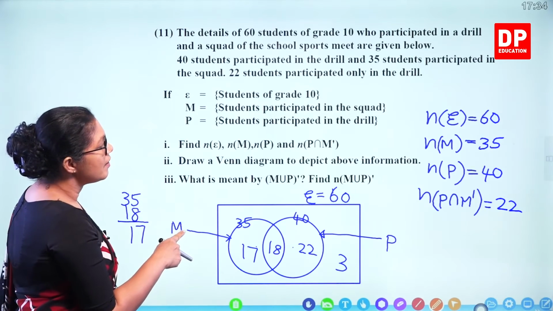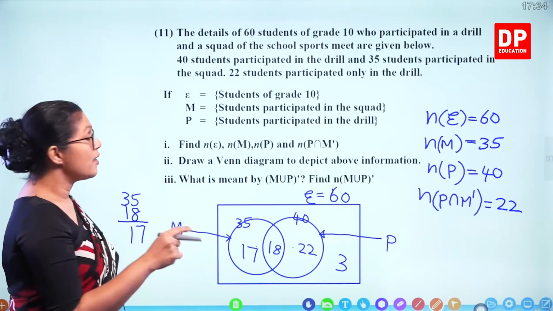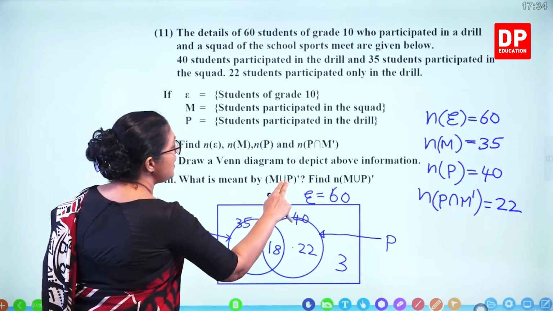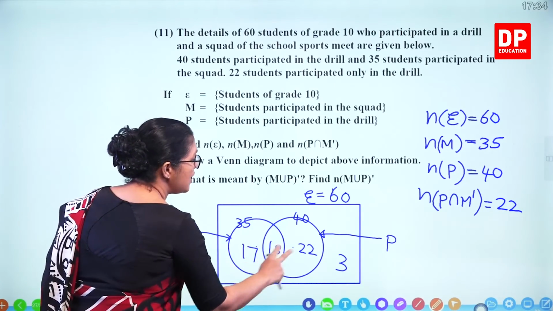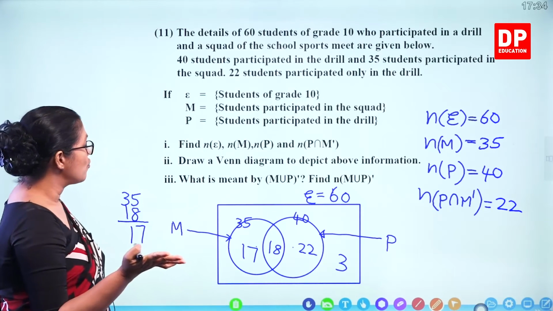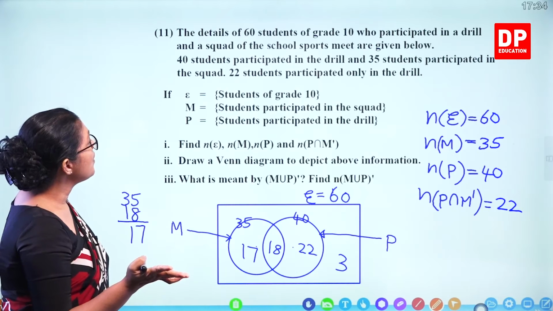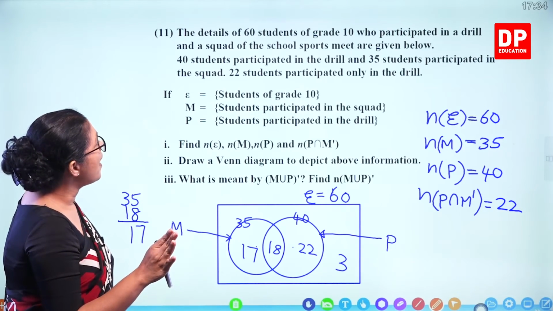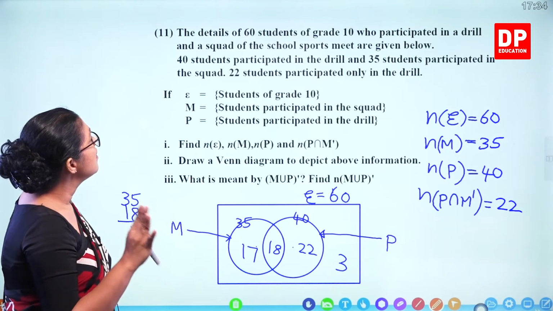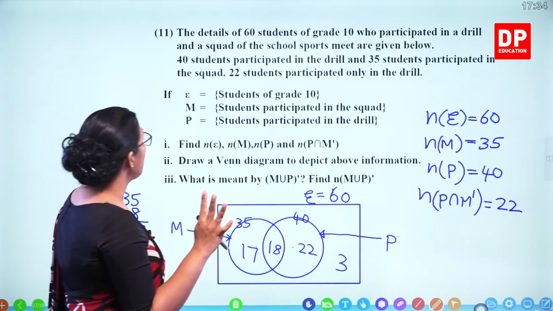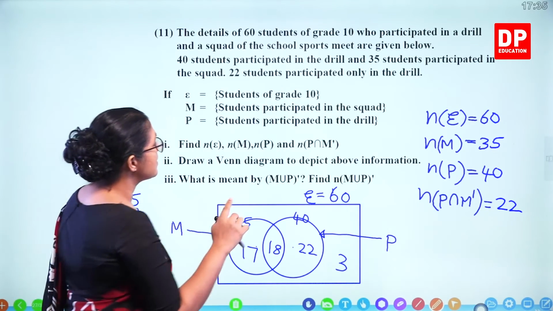Draw a Venn diagram. That's this one. What is meant by union P dash? Union is inside the circle. So dash means outside. So that means 3 is outside, that means not participated in the squad nor drill. So you can write down what is meant by this.